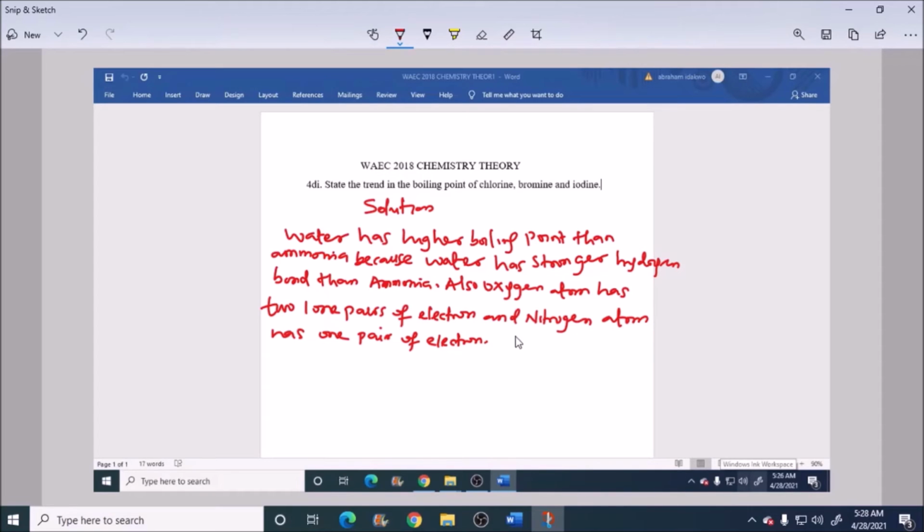Also, oxygen is more electronegative than nitrogen.